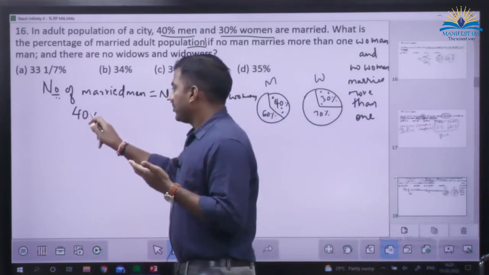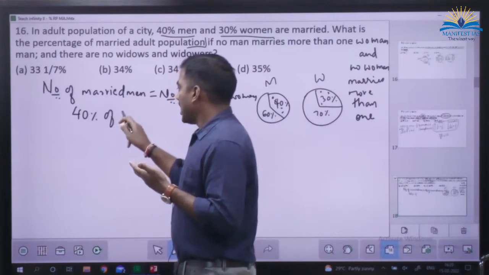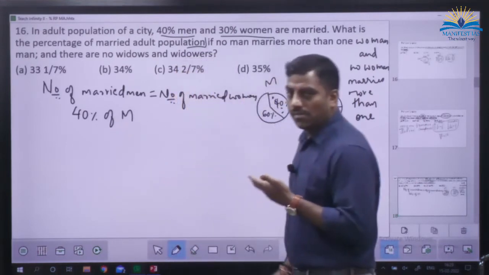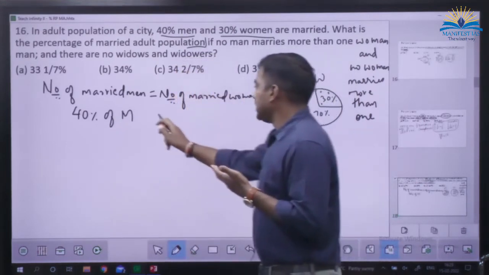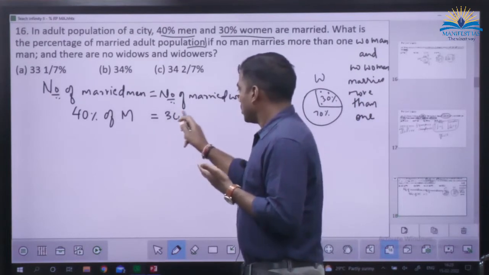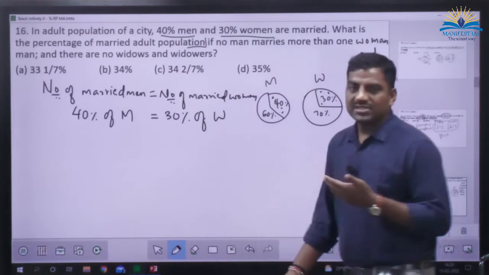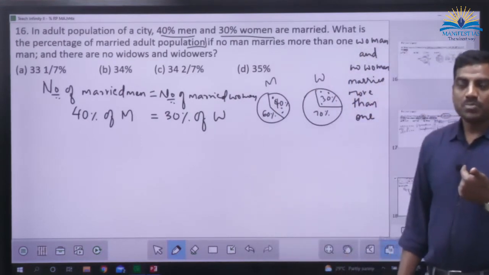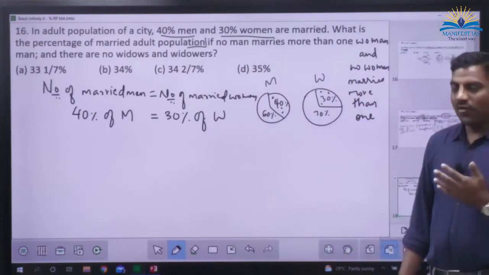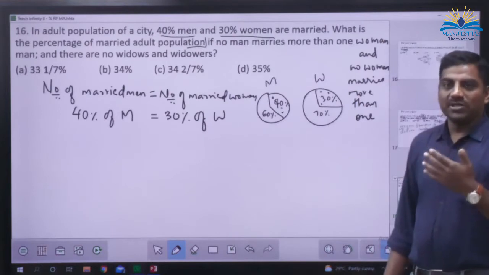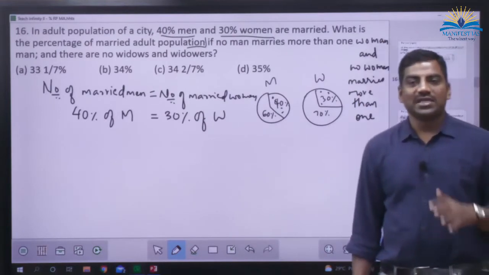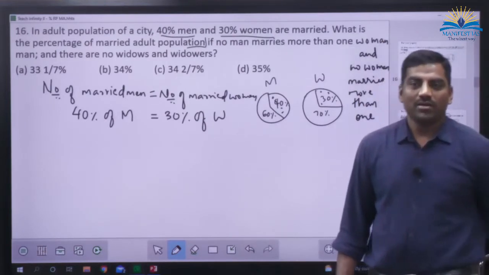40% of M is equal to 30% of W. What does this mean? 40% of men is equal to 30% of women. Whose population is more, men or women?